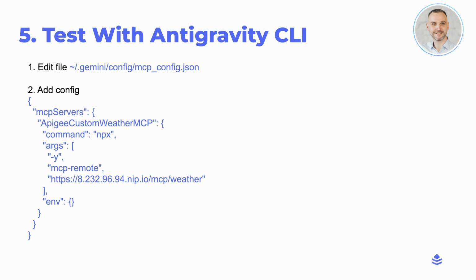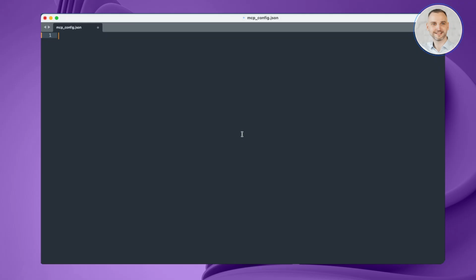You can actually test this also with Antigravity CLI. I'm gonna show you this as well. So in Antigravity CLI, you can say, hey, I have an MCP server, and then you can give the URL of your MCP server.